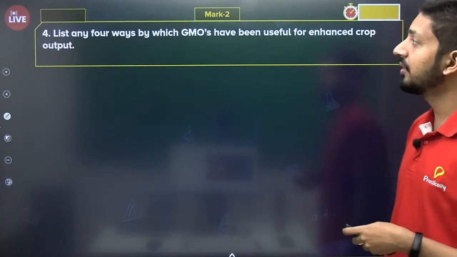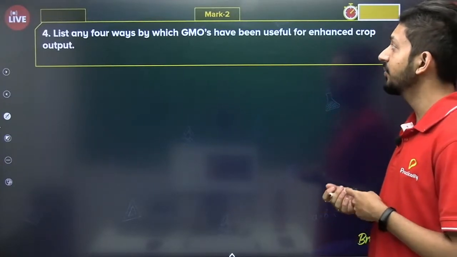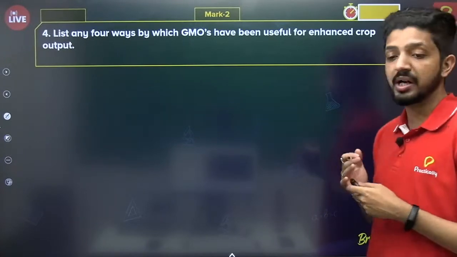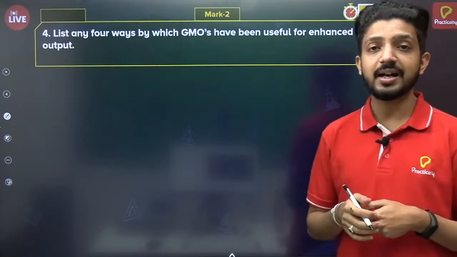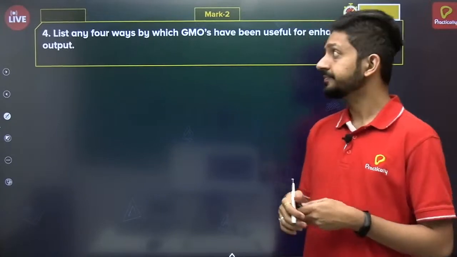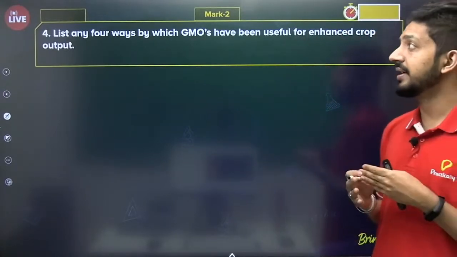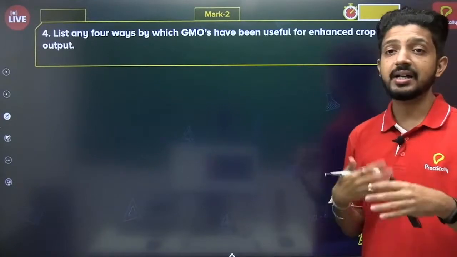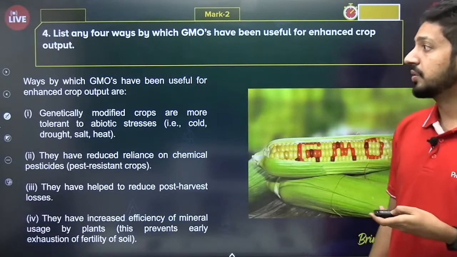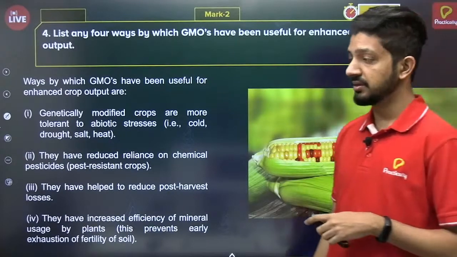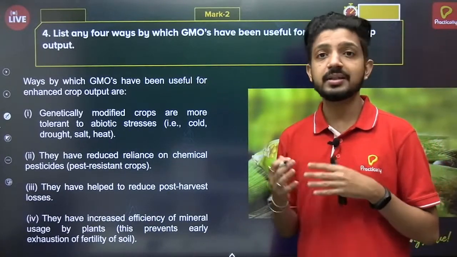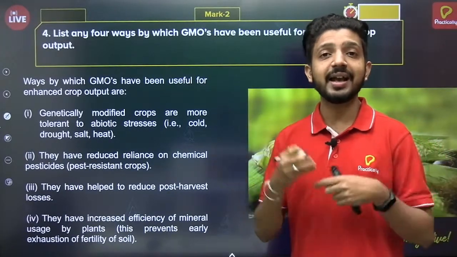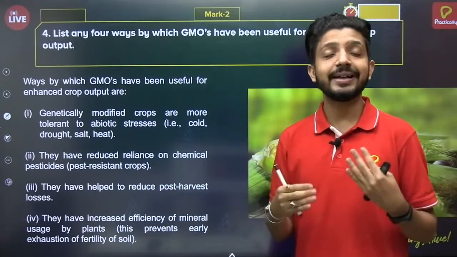List any 4 ways by which GMOs have been useful for enhanced crop output. So we know GMOs are the genetically modified crops. So what are the 4 ways by which these genetically modified crops can be useful for enhancing the crop output? So let's discuss. So first is, since they are made out of, we can add any useful trait in them.